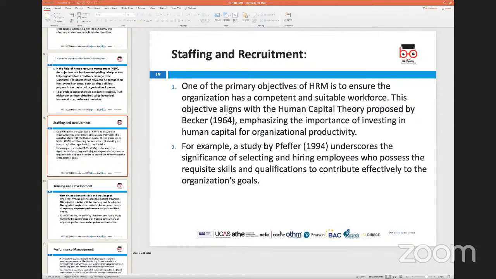If I talk about staffing and recruitment, within a hotel you generally have lots of staff who keep leaving and joining, or people who are being recruited, so there are bits and pieces the department has to do time and again.